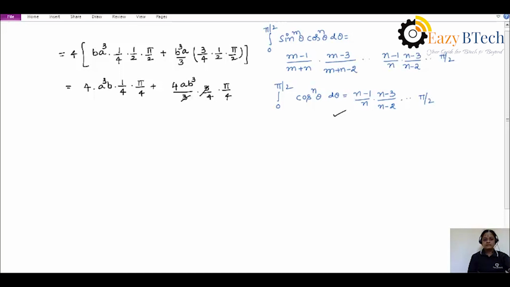So 3 will be cancelled and 4 cancelled, and here also 4 cancelled. The final answer is pi by 4 a cubed b, and plus here also pi by 4 a b cubed. So pi by 4 as a common, a cubed b plus a b cubed is the final answer.